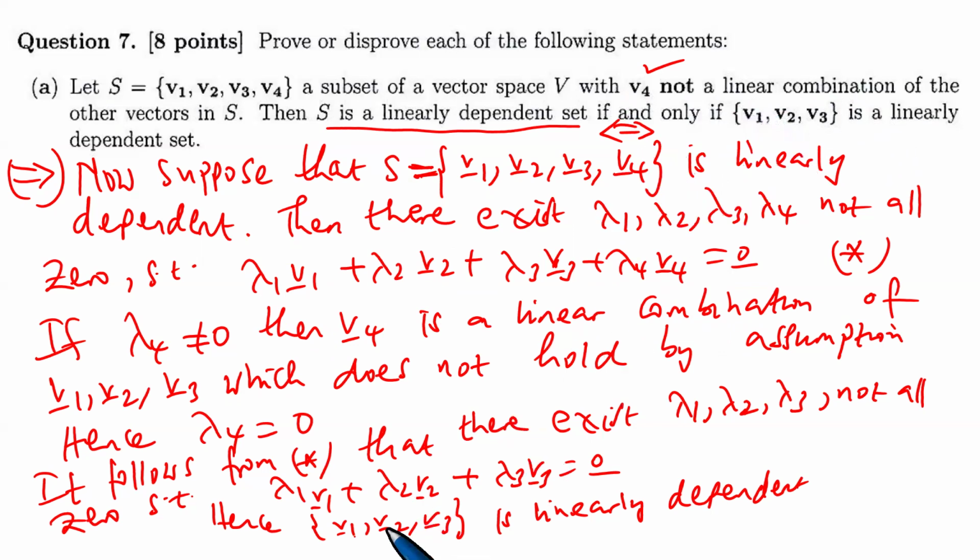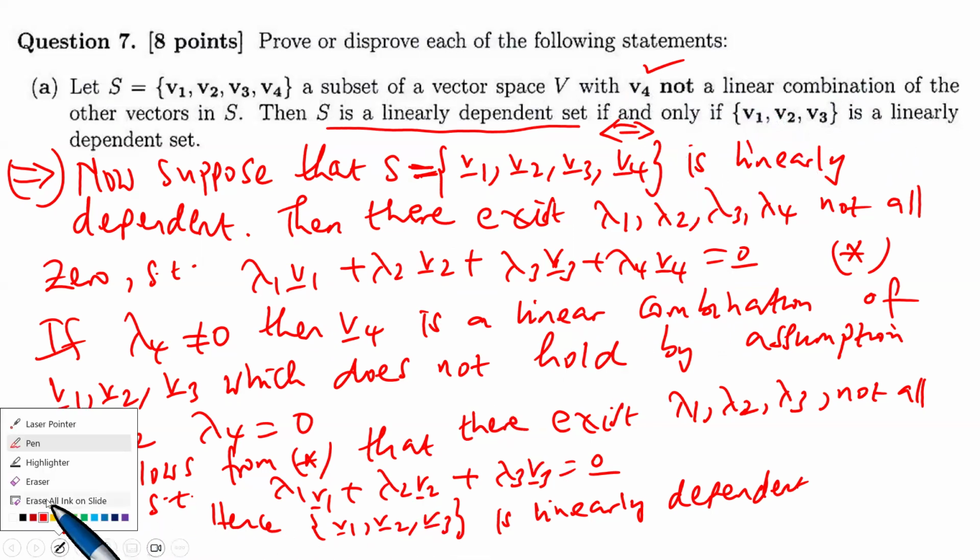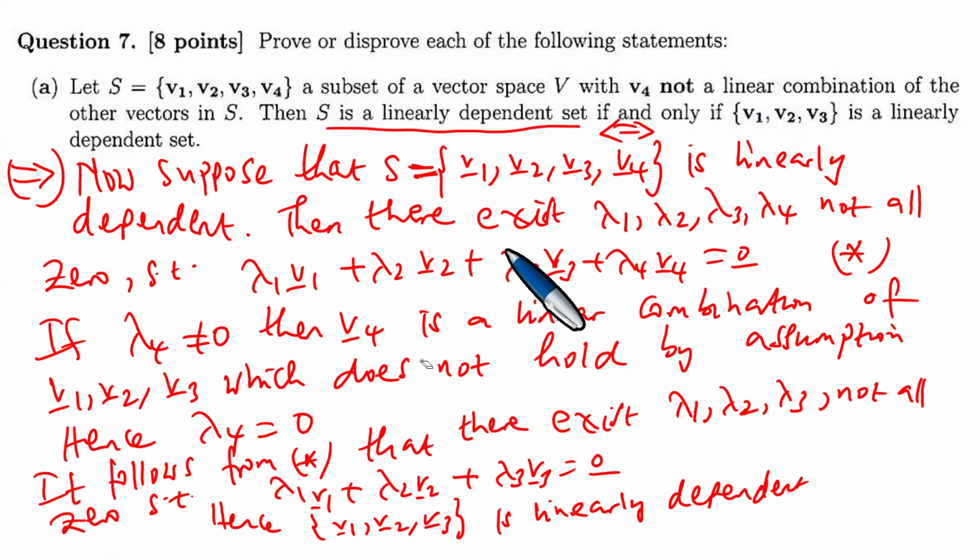If we assume here that lambda 4 is not 0, it would mean that V4 is minus 1 over lambda 4 times the rest.